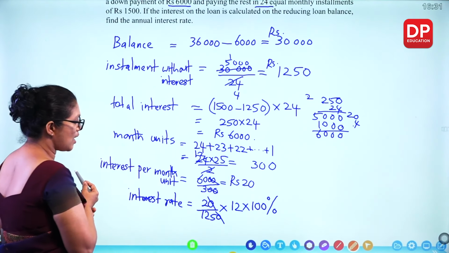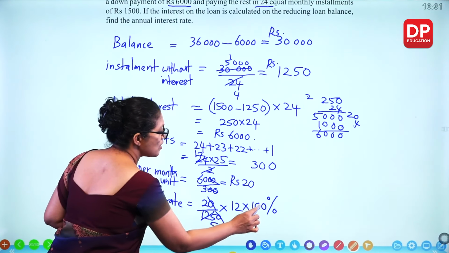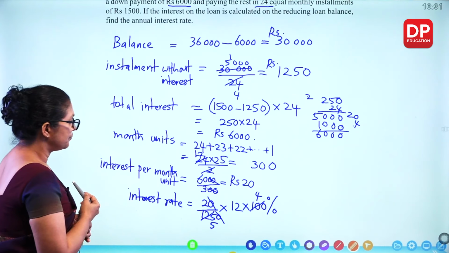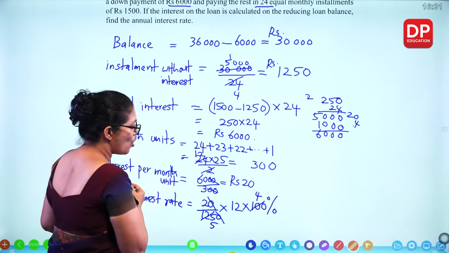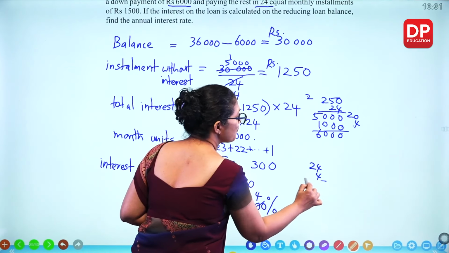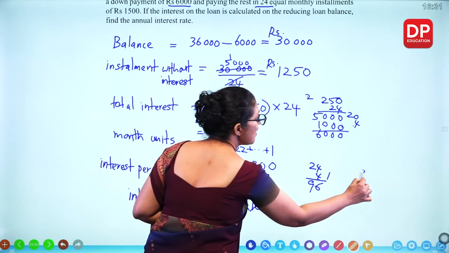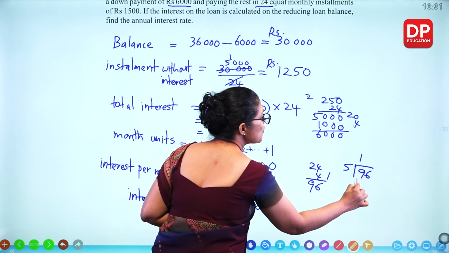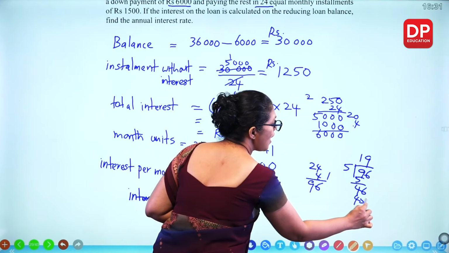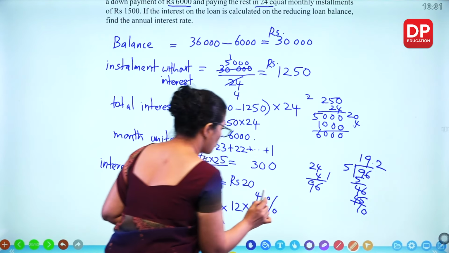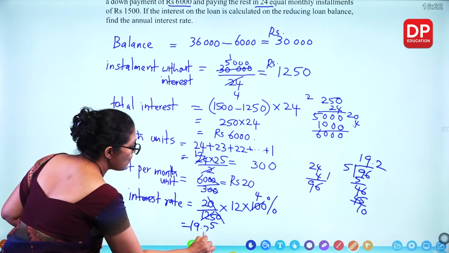The zeros get cancelled out. 25 times 5, 125. 25 times 4. Then 2 times 12, 24. 24 times 4, 96. 96 divided by 5 gives 19.2. So the interest rate is 19.2%.